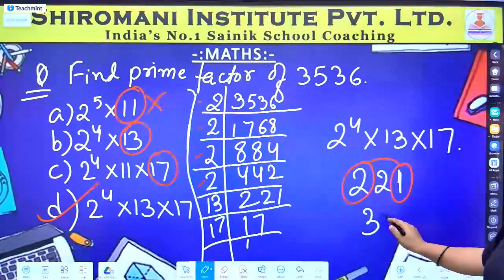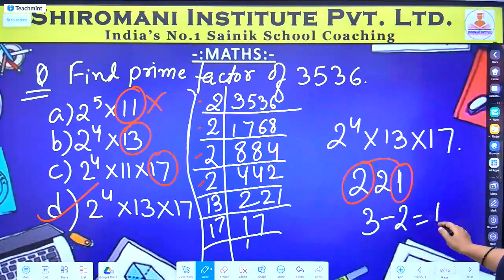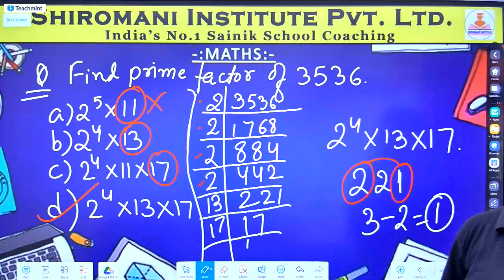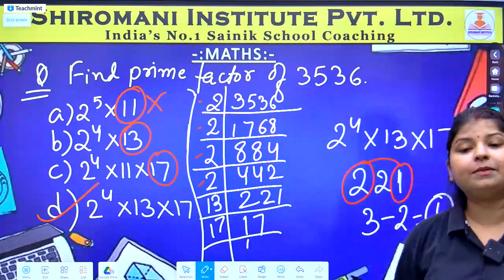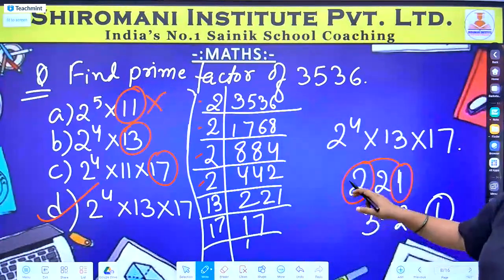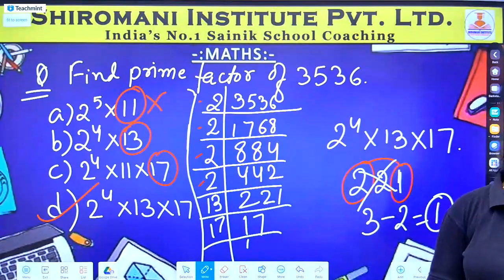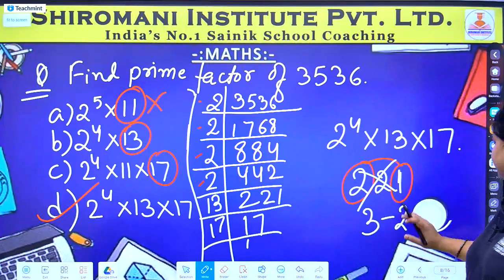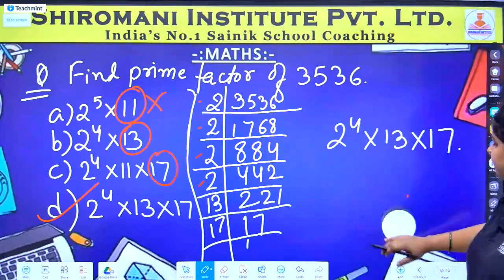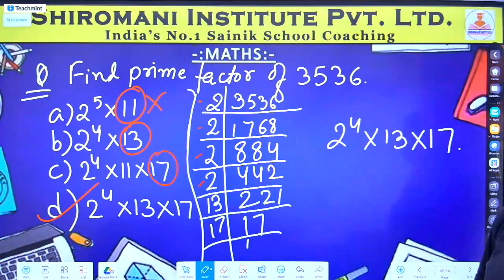And the left digit subtracted. 3 minus 2 is 1. If your result is not 0 or not a multiple of 11, that means this number is not divisible by 11. Okay? Okay, ma'am, thank you. And recordings are available for the divisibility rule, beta. You can watch it once.